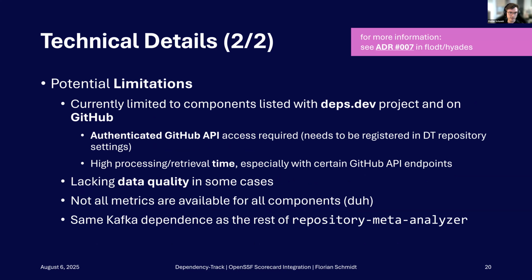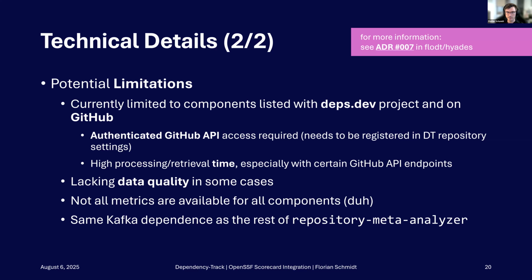This needs to be registered in the repository settings in Dependency-Track, but that's not a big requirement, just something that needs to be done. On the other hand, you have some partially quite high processing and retrieval time, especially with certain GitHub API endpoints, particularly the ones that are interesting for contributor statistics and computing the bus factor and the amount of relevant contributors.